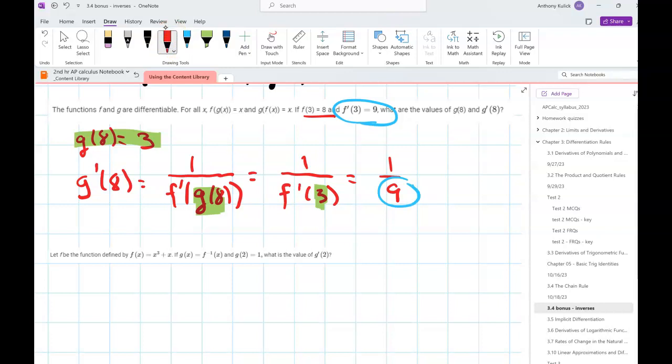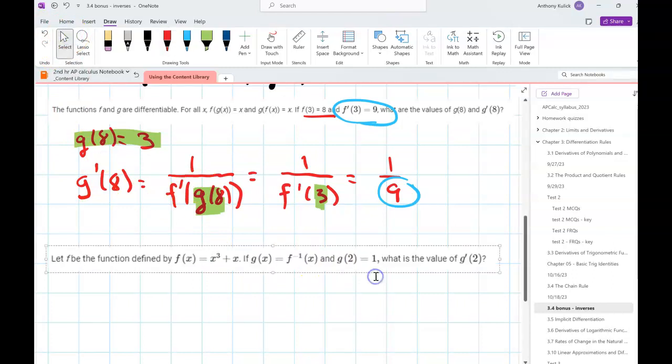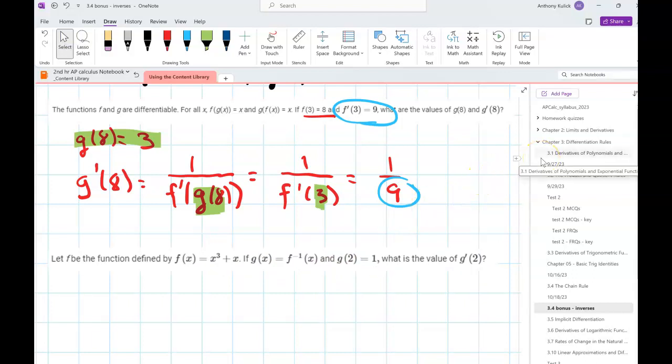All right, so the next example here, it says let f be the function defined by f of x equals x squared plus x, and g of x equal f inverse of x, and g of 2 is equal to 1. What is the value of g prime of 2?